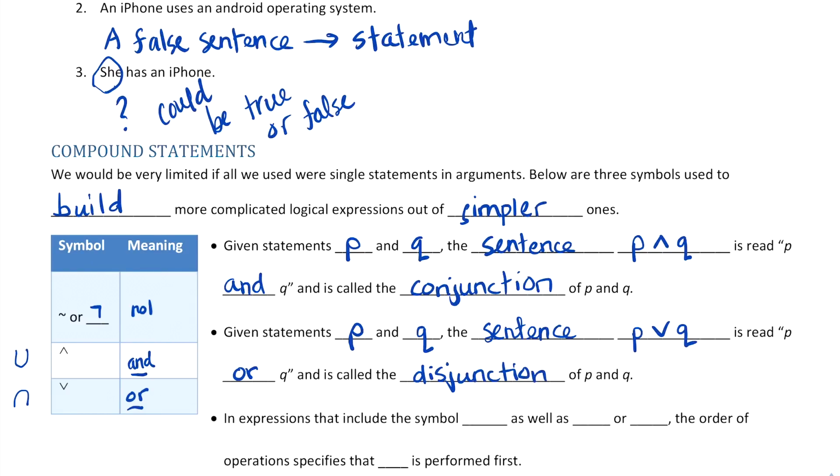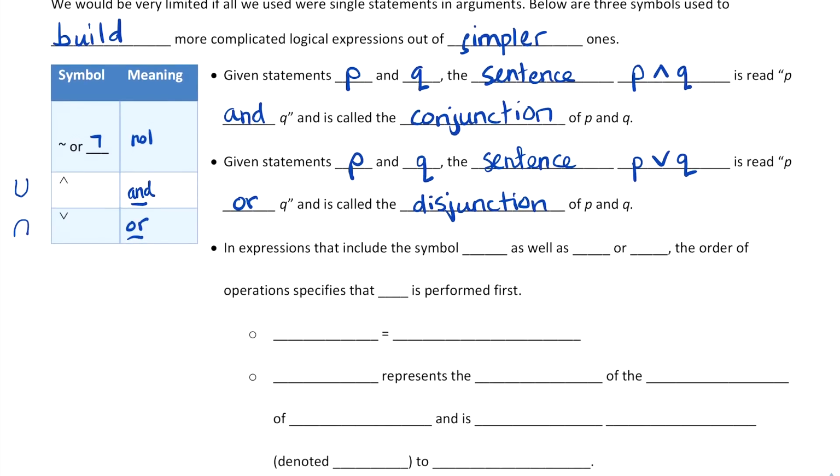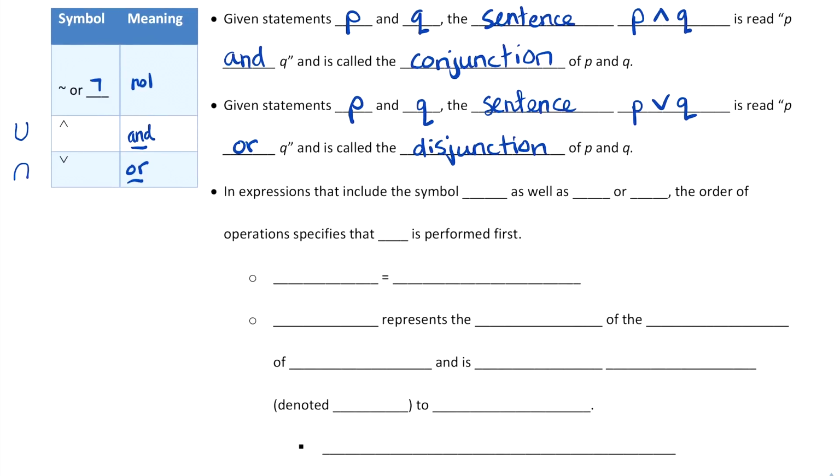In expressions that include the symbol tilde as well as the symbols for and or, the order of operations specifies that this negation, the tilde, the not, is performed first.